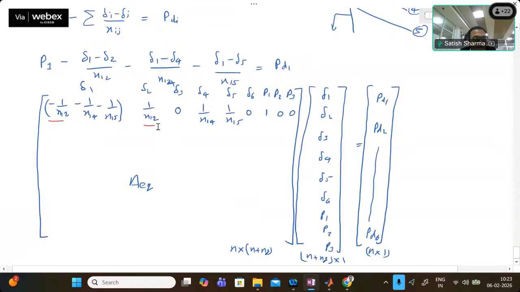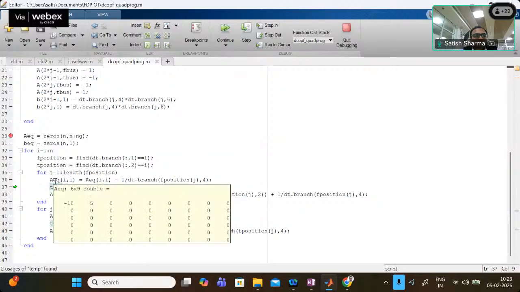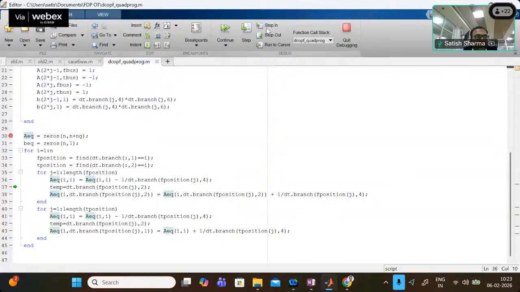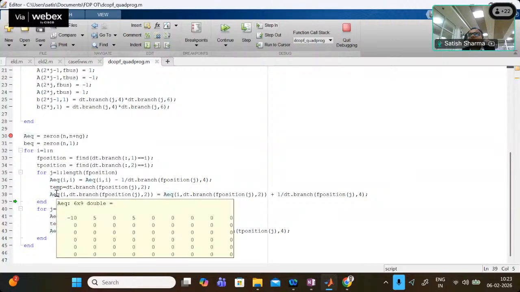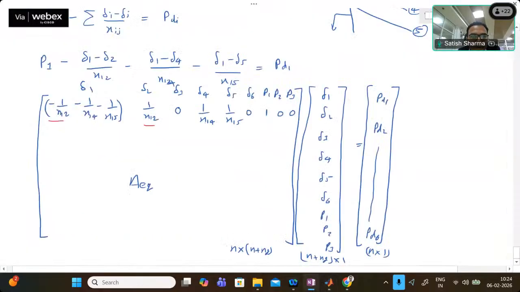Now if I step in, it will go for the second part and update the first value. So instead of minus 5, it has become minus 10, and then the fourth element should get a certain value. You can see minus 10, 5, 0, and the fourth column has also added that value. So we were able to place this part and this part.